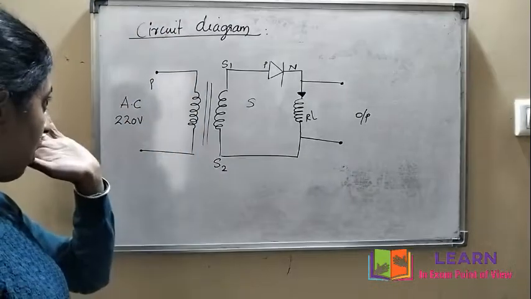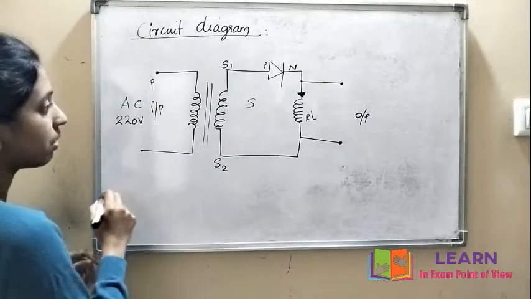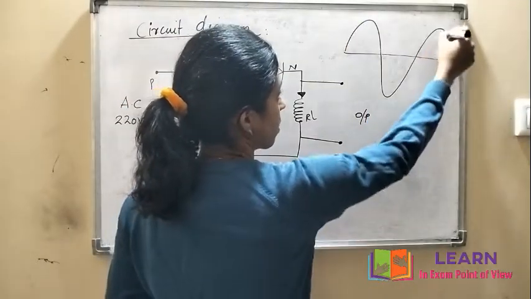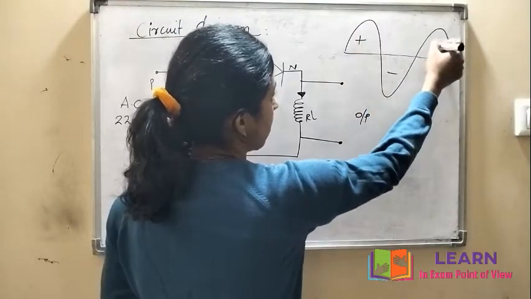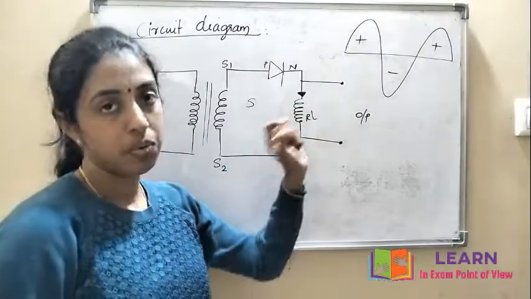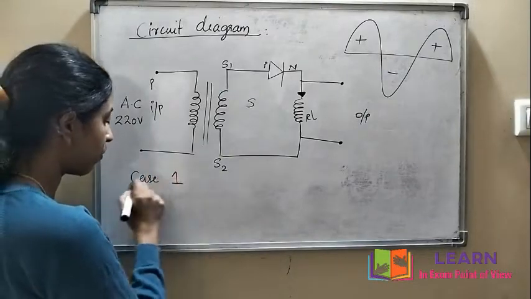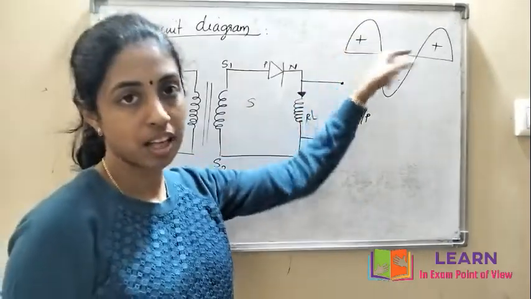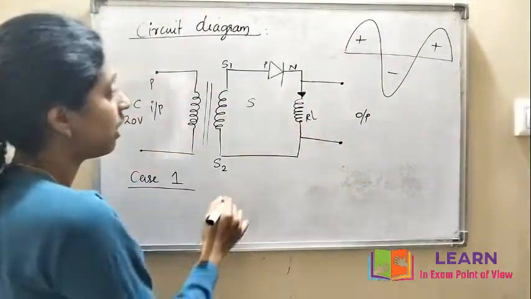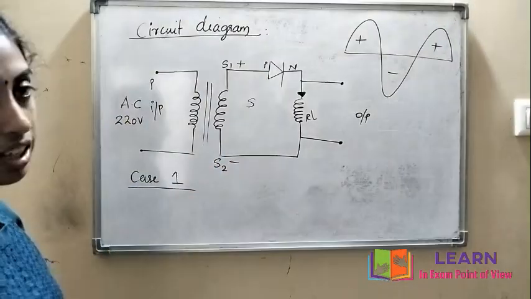Now, how is it working? Here the input is given, and our input is in the form of AC voltage, like this, plus, minus, plus. First we will discuss case 1, for the positive half cycle of this AC voltage. In the positive half cycle, we put S1 as positive and the other end as negative.